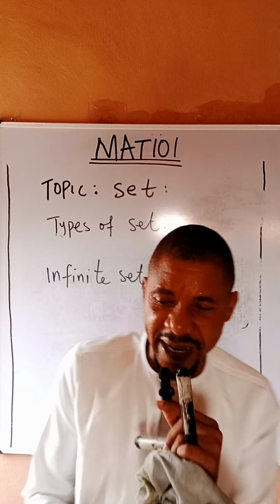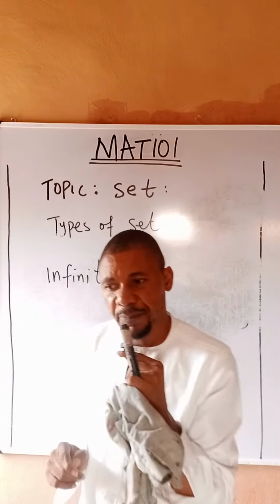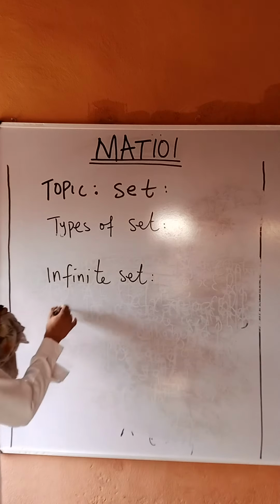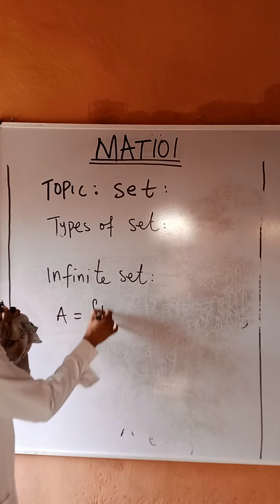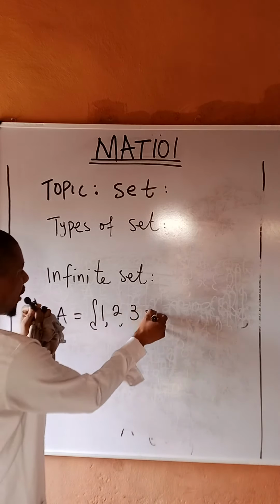If a set is finite, we say we can count it. It means it has an end. But if a set is infinite, it doesn't have an end. An example of an infinite set is 1, 2, 3, and the dots, which means that this does not have an end. It tends to infinity. There are other ways they can put this.